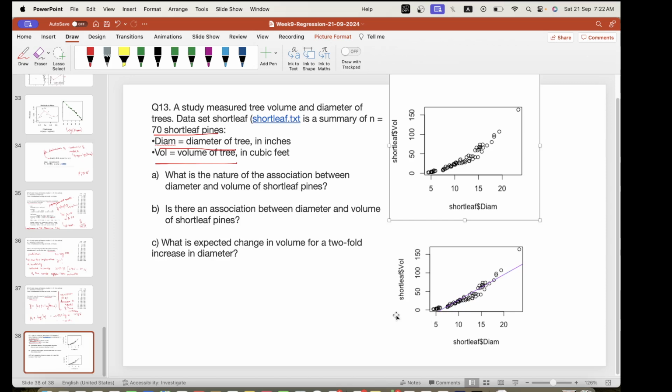Okay, so given that this is not making any sense, or rather it's not giving a good fit, we'll see what happens if we transform the x variables and if we transform the y variables.